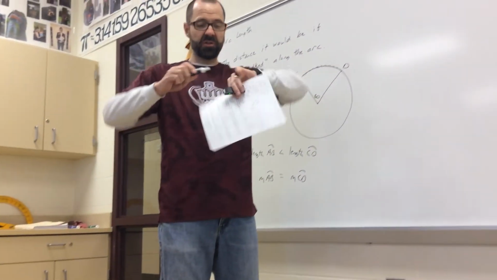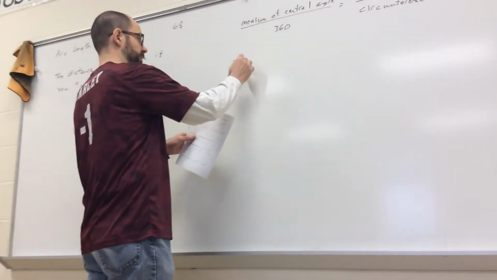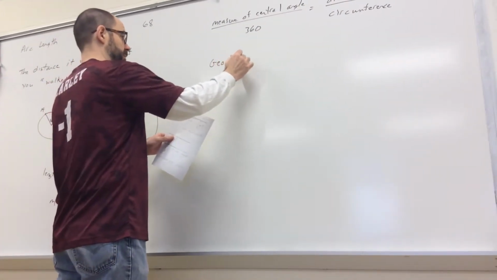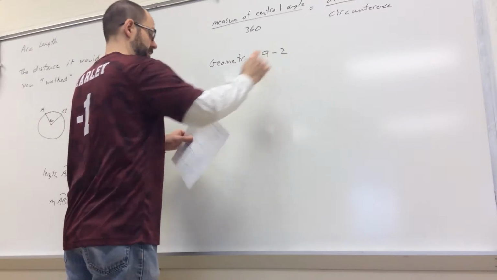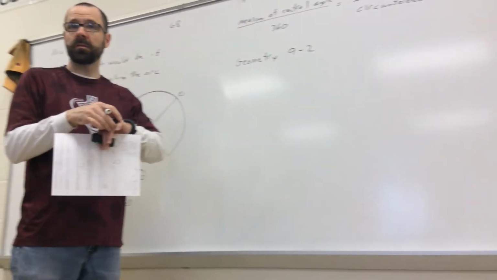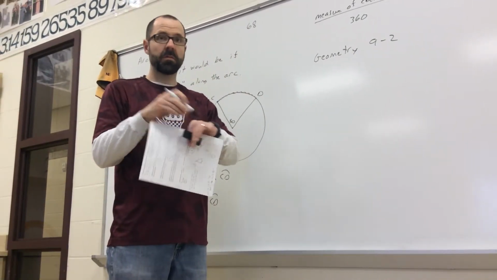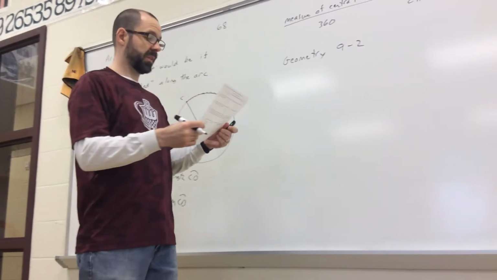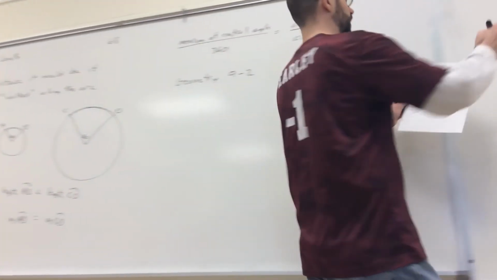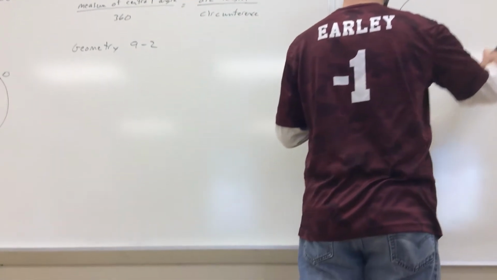So the paper is called Geometry 9-2. And there's a circle, you don't have to draw this circle, we're just all going to look at it.